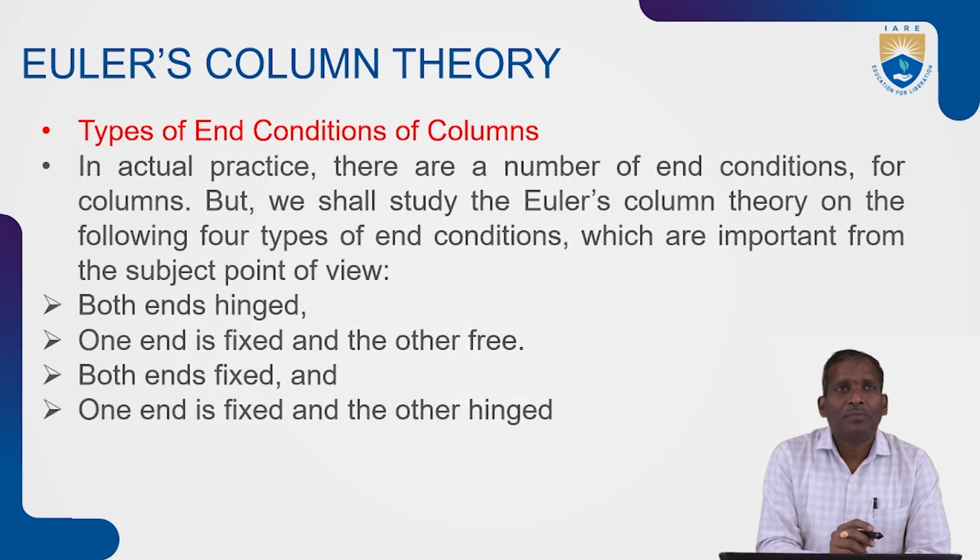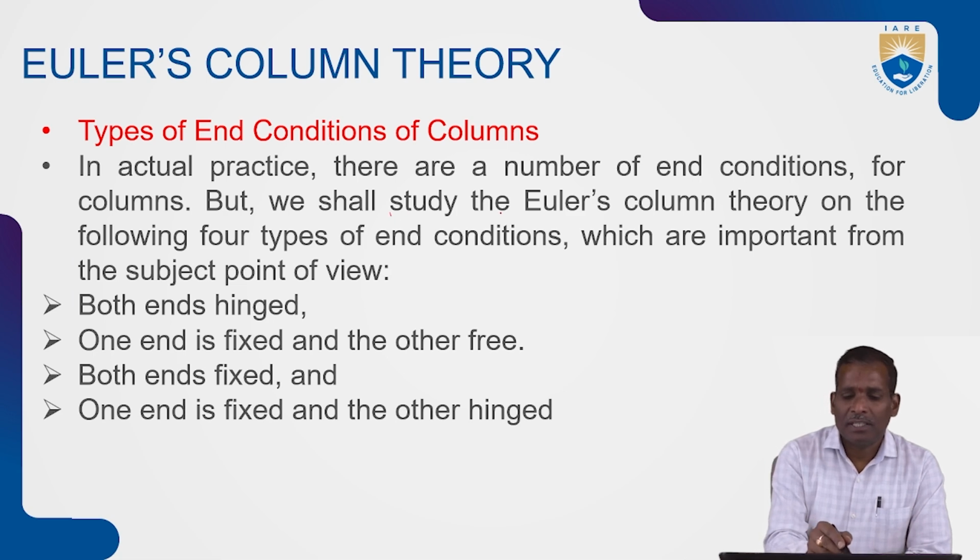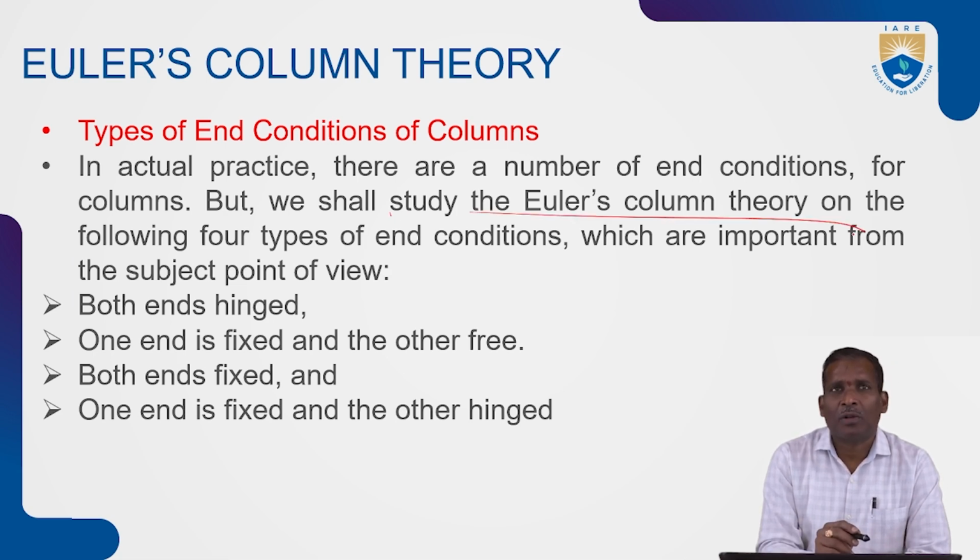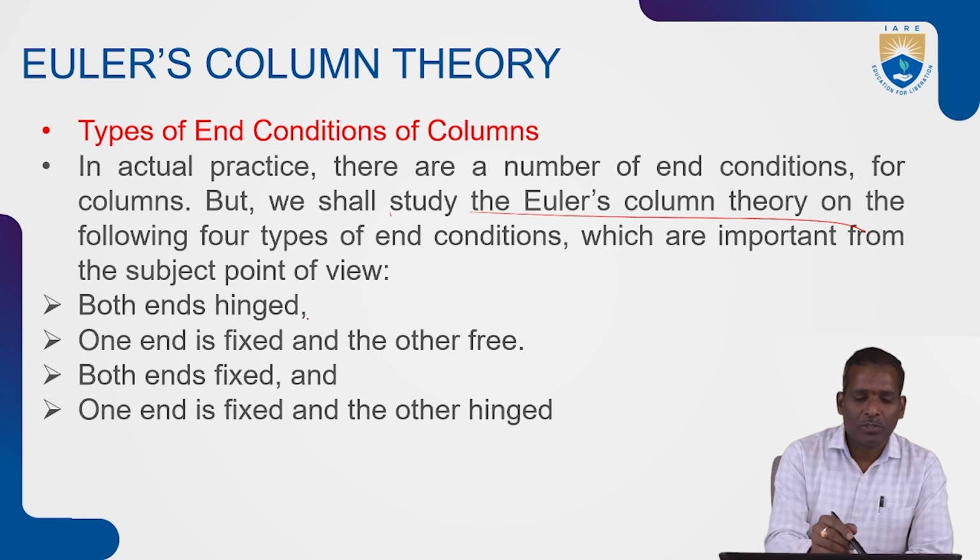So now, types of end conditions. In actual practice, there are a number of end conditions for columns, but we shall study Euler's column theory on the following four types of end conditions, which are important from the subject point of view. First, both ends hinged.